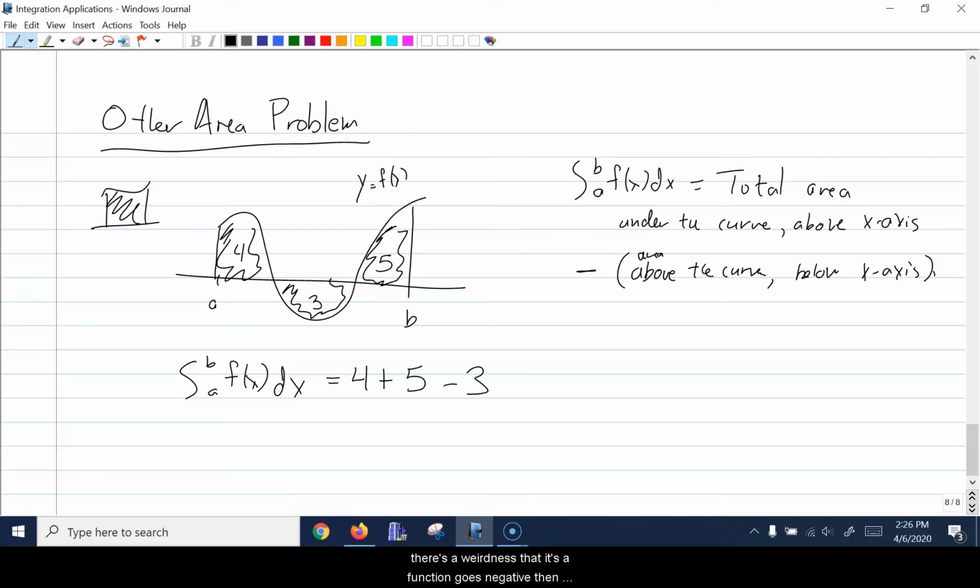But there's a weirdness that if the function goes negative, then that part of the area counts as negative, which makes sense when you think about it from some points of view, but for most geometrical applications, you don't really want to ever think about any area as negative. The thing to clarify is that the integral does the weird thing that counts some area as negative.